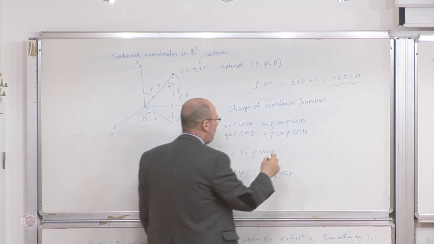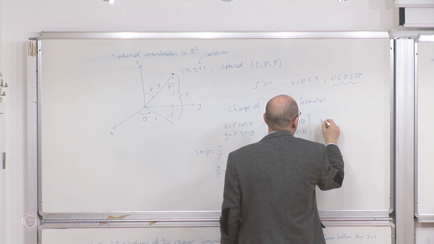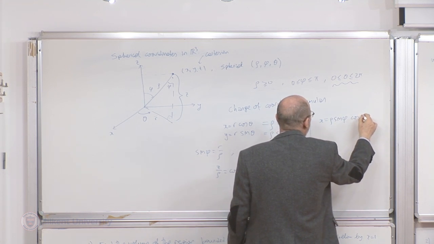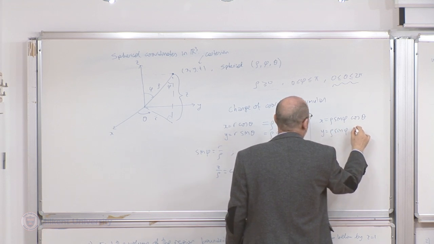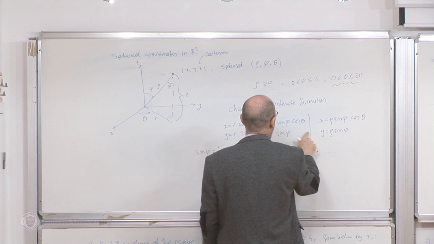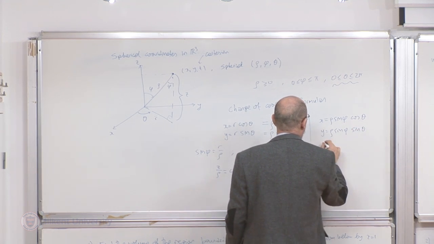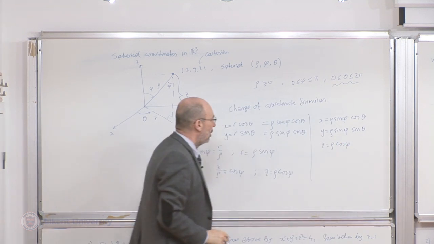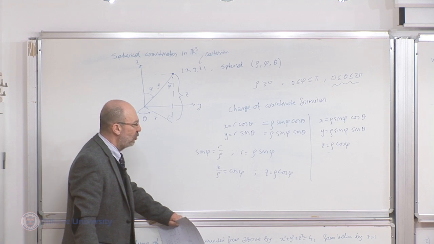As a summary, let me write these again: x is equal to rho sine phi cosine theta, y is equal to rho sine phi sine theta, and z is equal to rho cosine phi. So these are the change of coordinates.